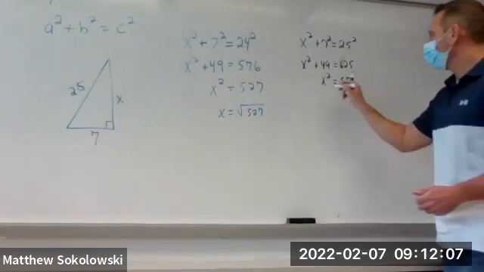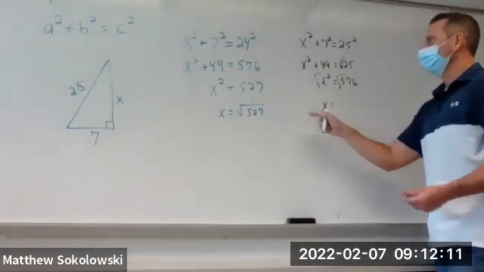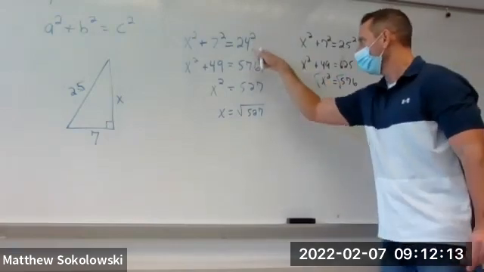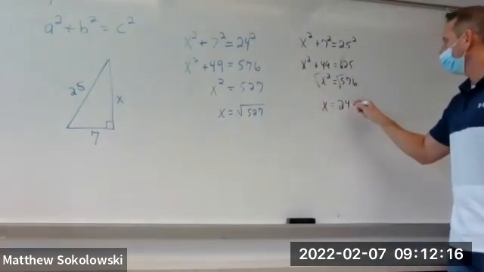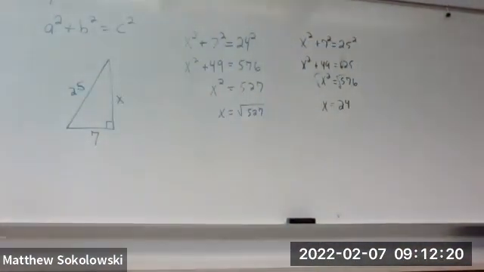Now take the square root of both sides. X equals, well, look, what's 24 squared? 576. The square root of that is 24. So what I was trying to do is, because I can make up problems where I know the answers are going to be an integer in my head.